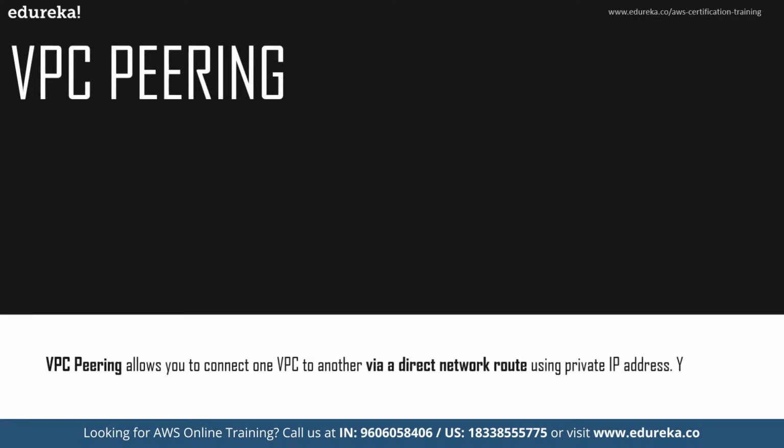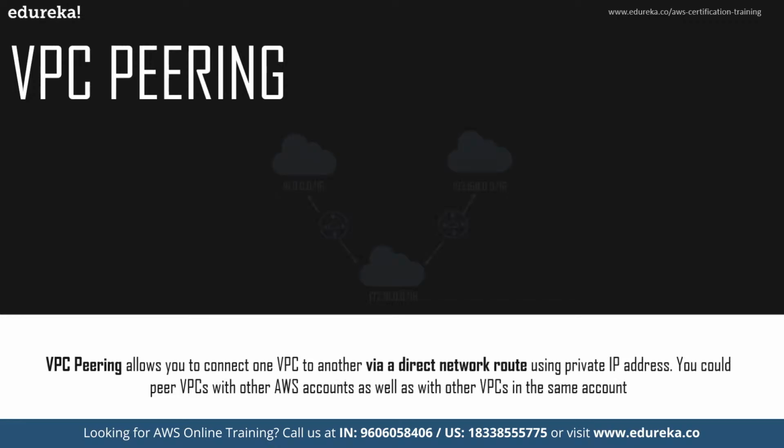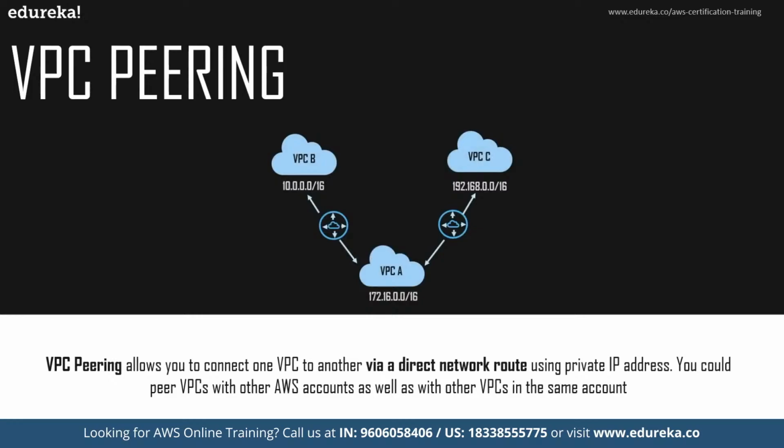Now let us understand another important concept, that is VPC peering. This is one of the ways by which we can connect different VPCs. As you may understand, in an enterprise there will not be only a single VPC. Different groups within the same enterprise, for example the data analytics group and the data science group, may have different VPCs. They may want to communicate with each other.